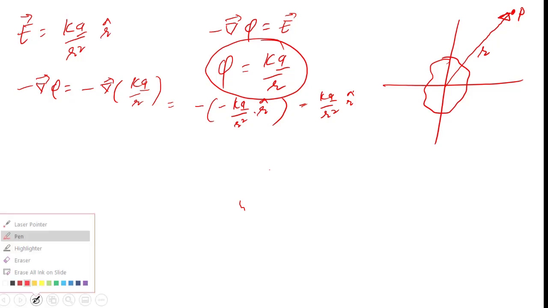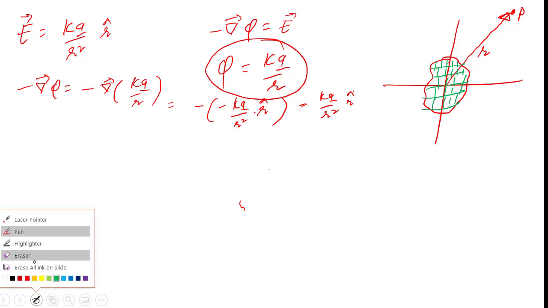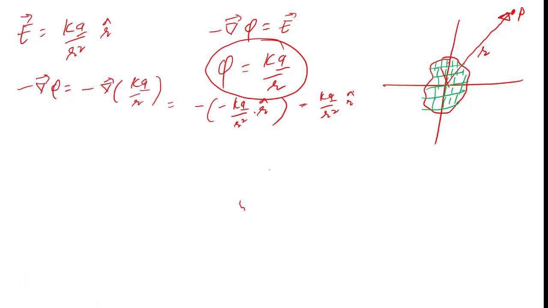Then I'm going to divide this charged body, like we had done with Coulomb's law, into tiny cells, and I'm going to label each cell with r prime. So r is the vector connecting the origin to our point of interest P, and r prime is the vector pointing to each cell, right?